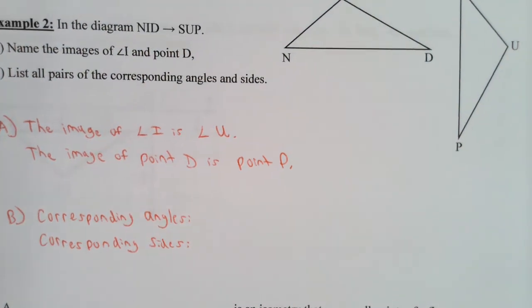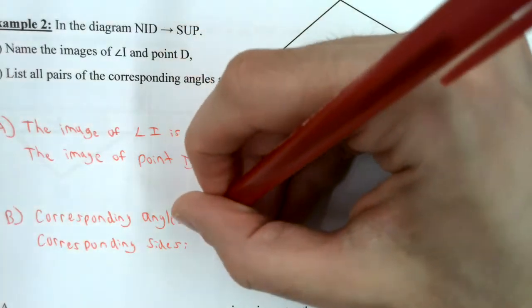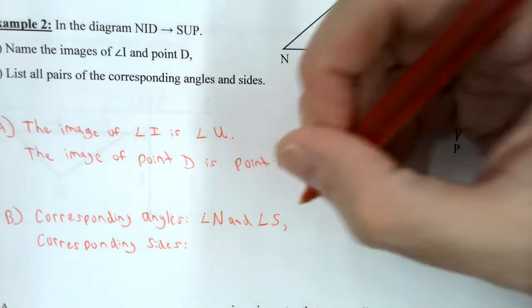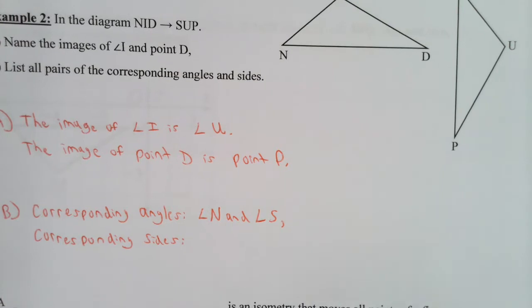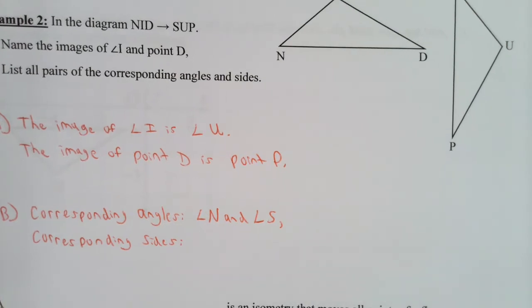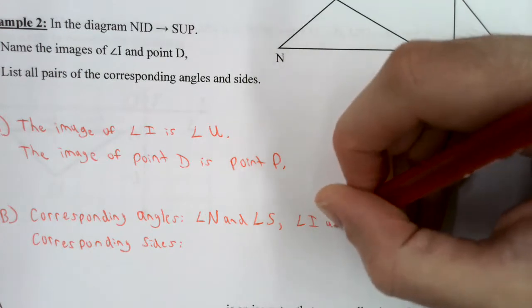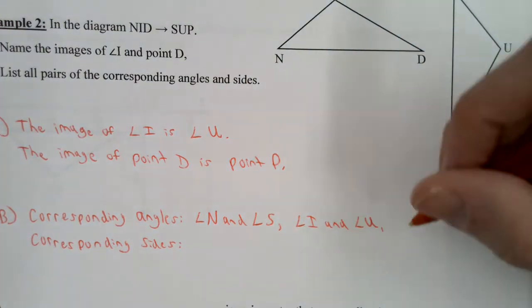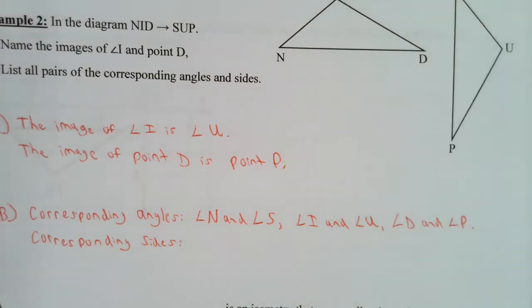So the corresponding angles, let's start with N. N and S are corresponding because they're each listed first. This is going to be really important for the rest of this unit and the next two units. Same thing with I and U. Angle I and angle U are corresponding because they're each listed second. And then angle D and angle P are corresponding because they're each listed third.